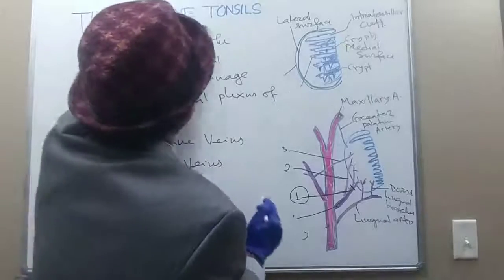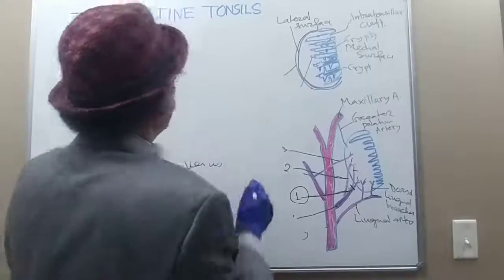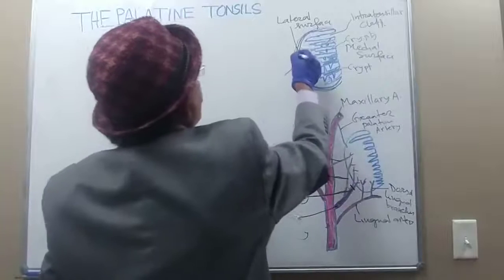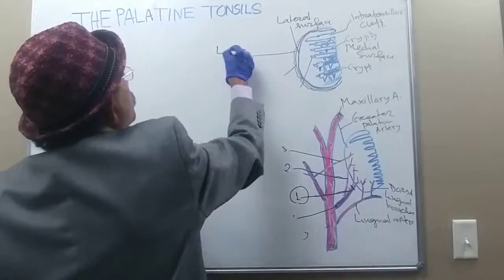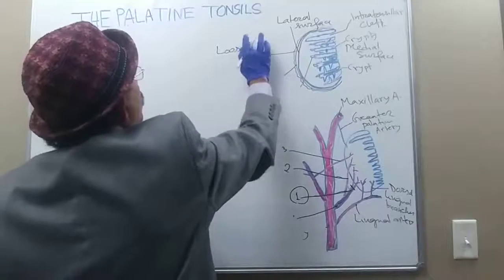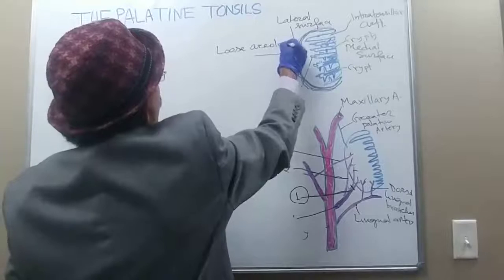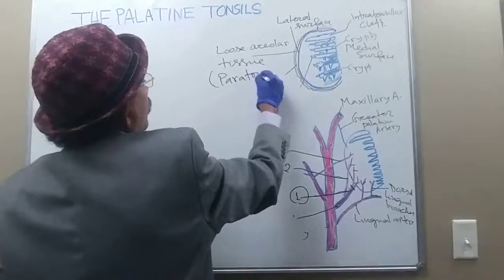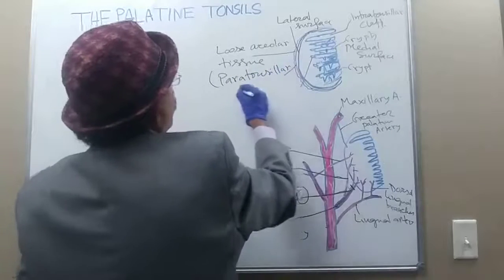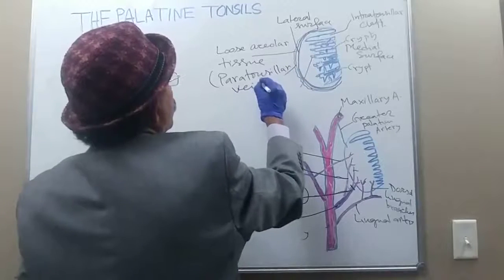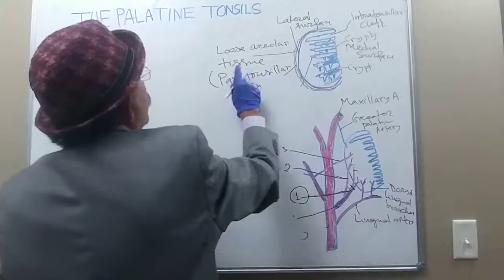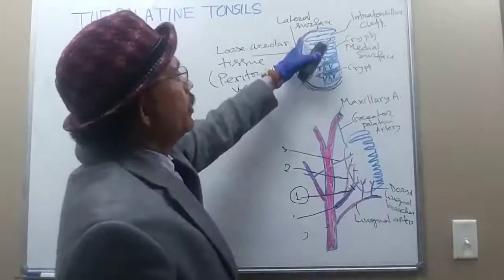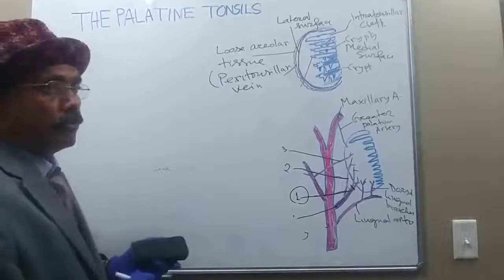One important point regarding the capsule: just outside the capsule, between the capsule and the tonsillar bed, we have loose areolar tissue that contains the paratonsillar vein, better to say the peritonsillar vein, which passes in the loose areolar tissue and may be damaged in tonsillectomy.